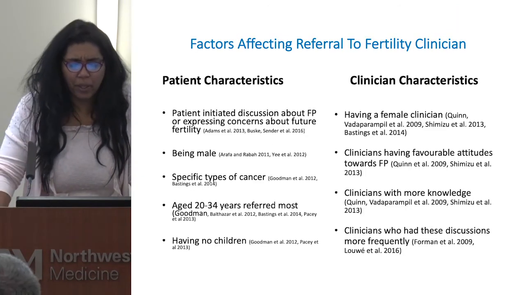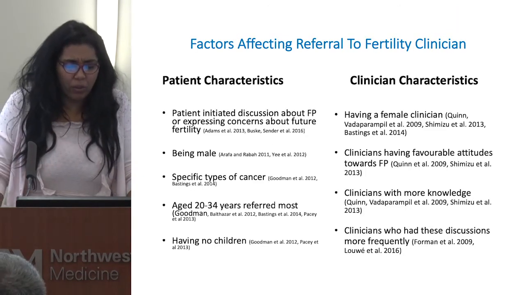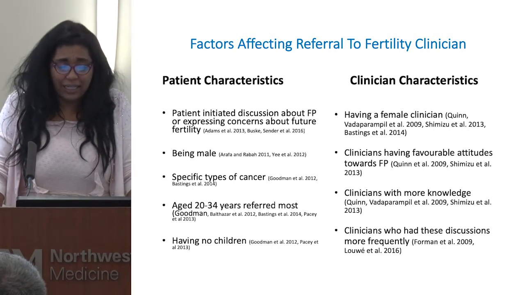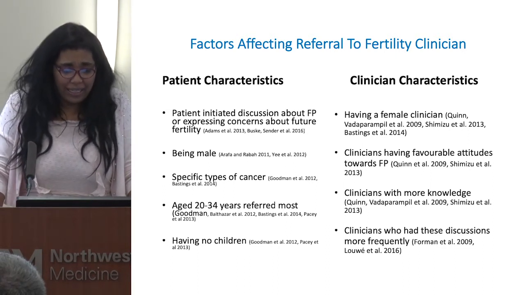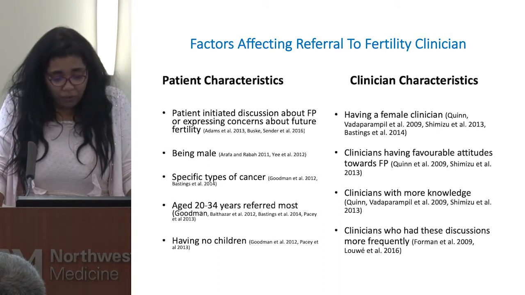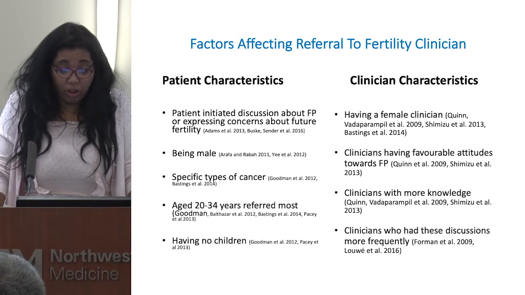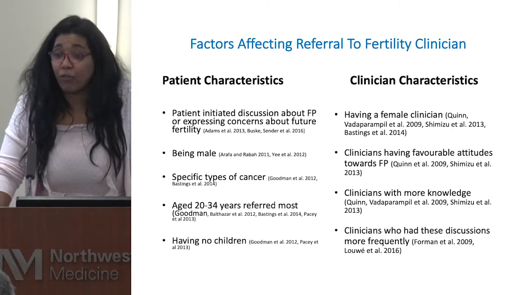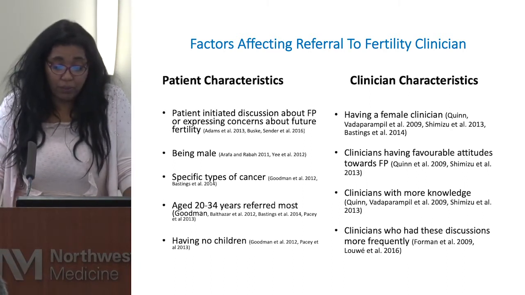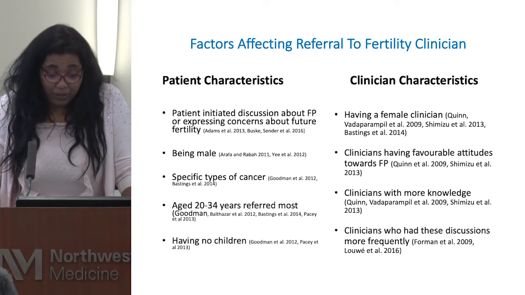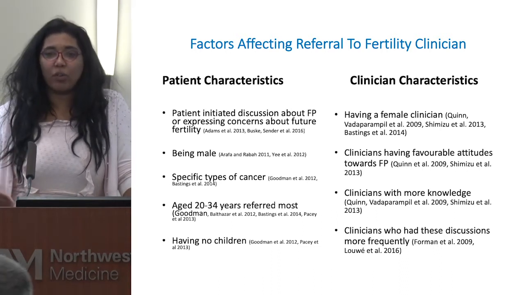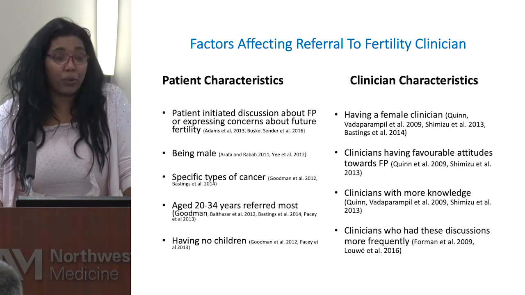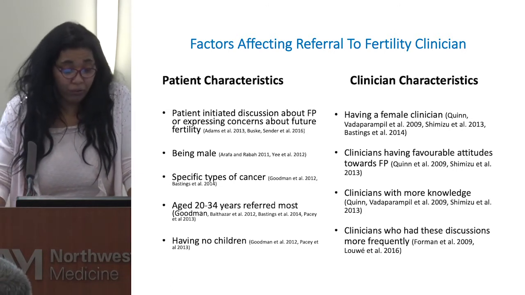When we divide the data that we've got between patient characteristics and clinical characteristics, again, there were some differences that are important. So from a clinician point of view, a clinician who is knowledgeable, who understood about fertility preservation, who had a favourable attitude towards fertility preservation, who is female, and who had the opportunity of having the discussions more frequently, was more likely to refer a patient.